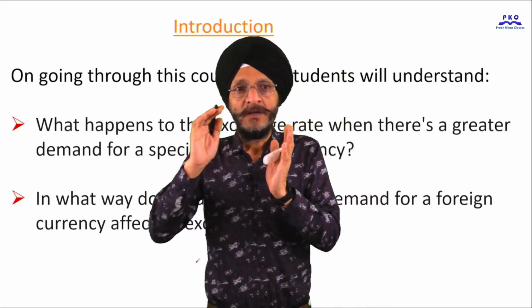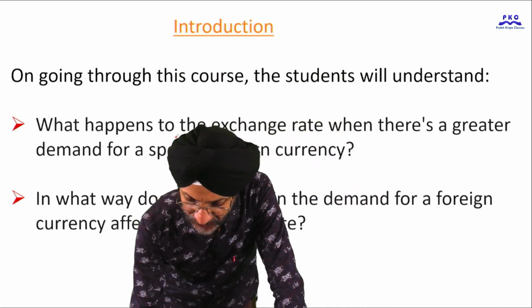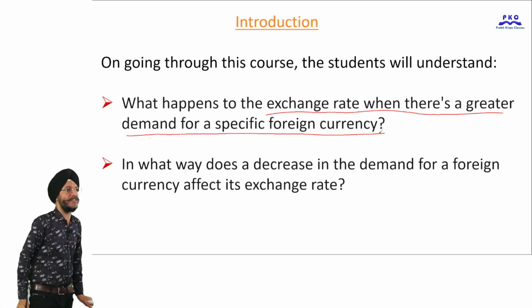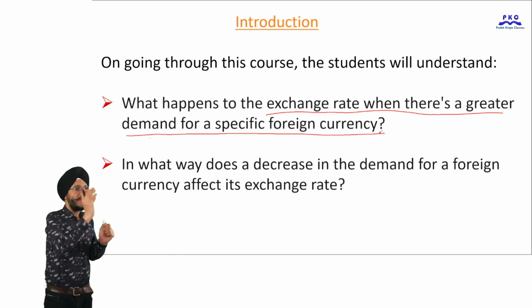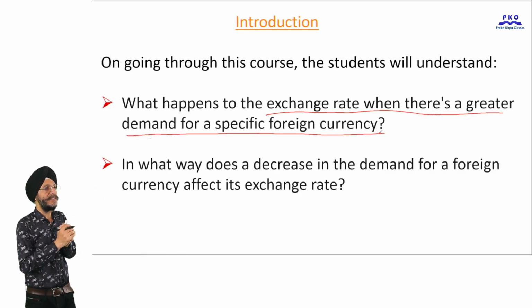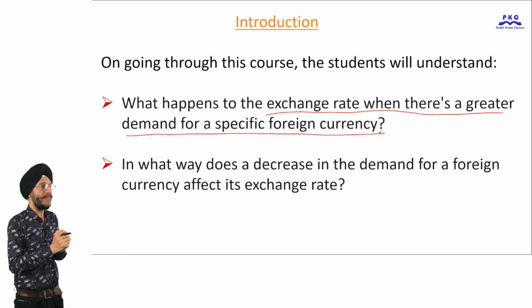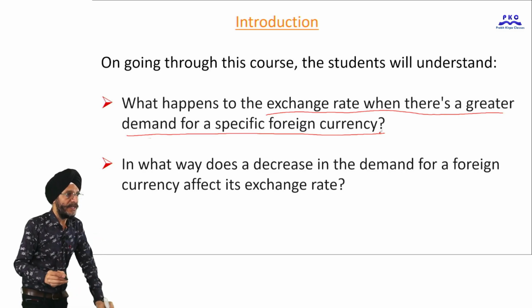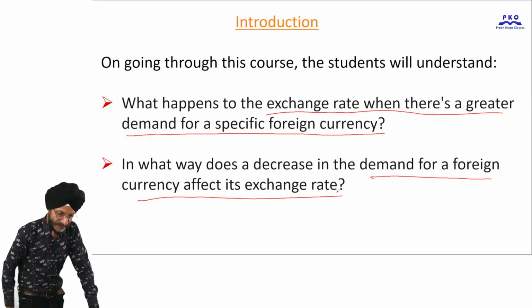Now, in this course, the students will understand what happens to the exchange rate when there is a greater demand for a specific foreign currency. That is, when the demand of a specific foreign currency increases, what is its effect on the exchange rate? The students will also understand in what way a decrease in demand for foreign currency affects its exchange rate.